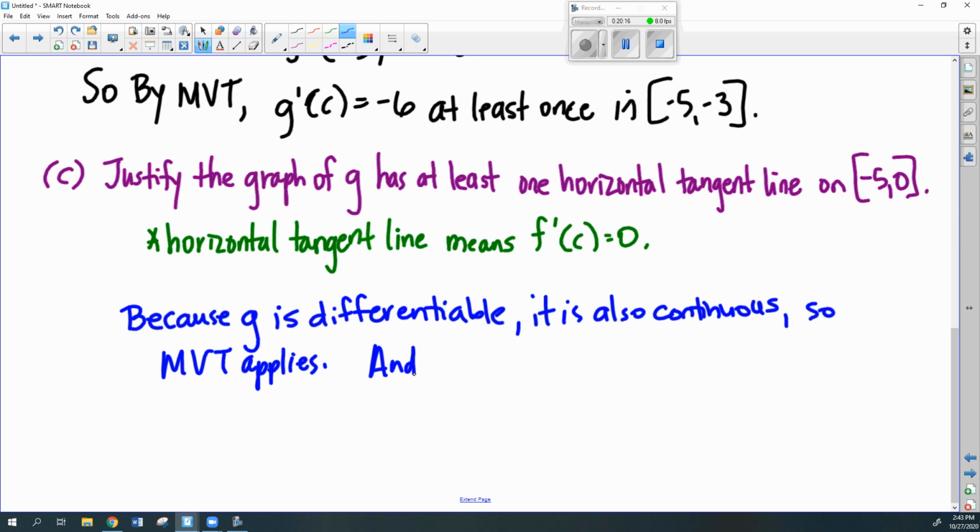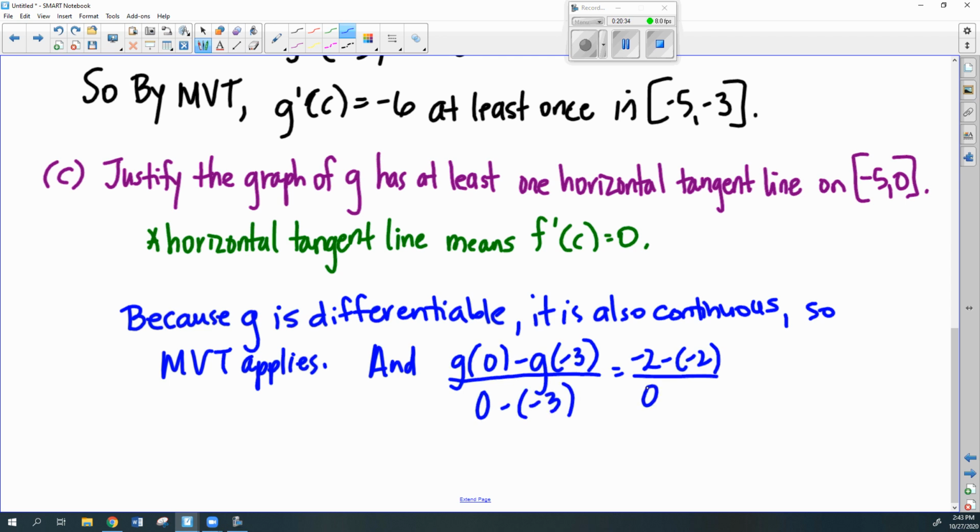All right, we already picked the -2's, but I have to show what it's from. All right, it comes from g of 0 minus g of -3. That's how I get the -2 minus -2 on top, which means I need to use 0 and -3 on the bottom. All right, and so my difference quotient equals 0, which means g prime of c equals 0.